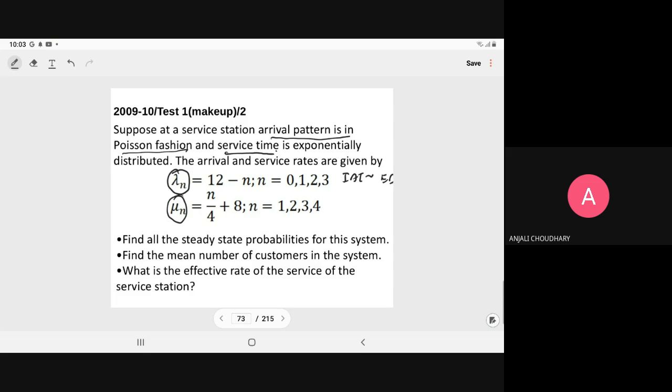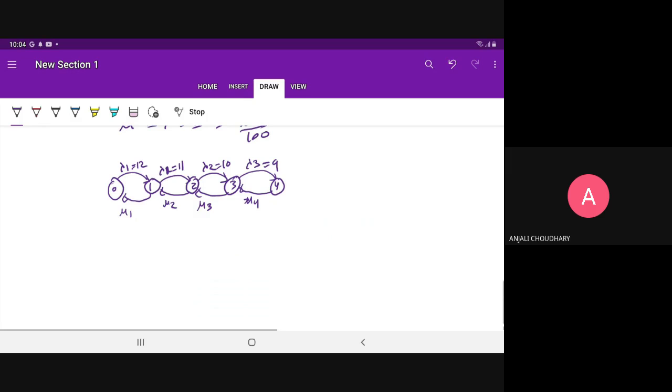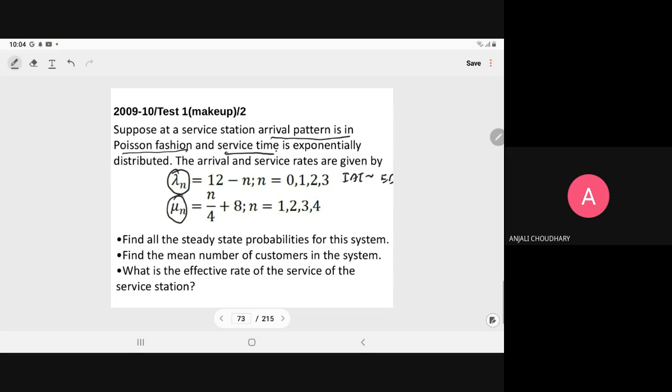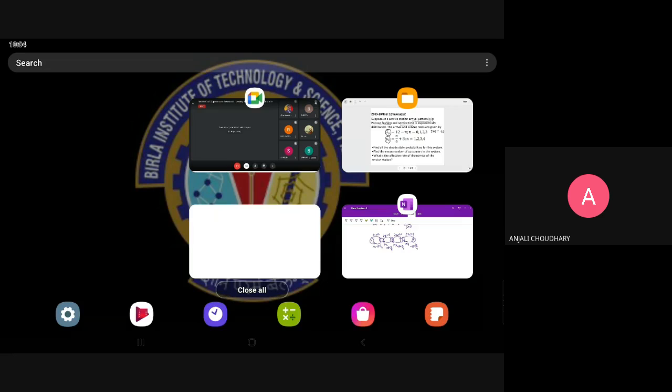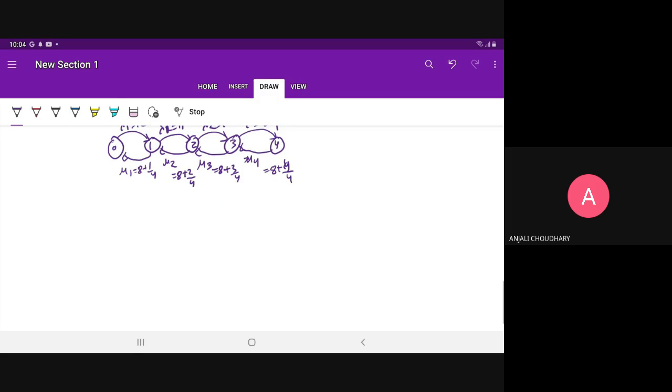Then we have mu n equal to n by 4 plus 8, and for n equal to 1, 2, 3, 4 it is 8 plus 1 by 4, 8 plus 2 by 4, 8 plus 3 by 4, and 8 plus 4 by 4.